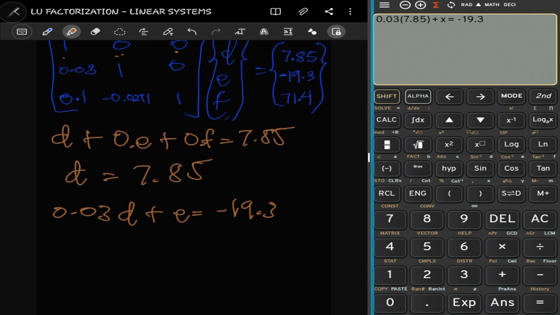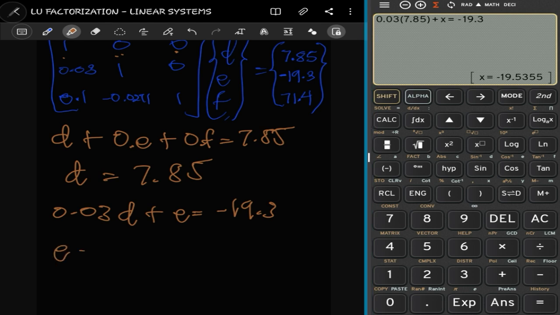So our X, which is the E here, is minus 19.5355.